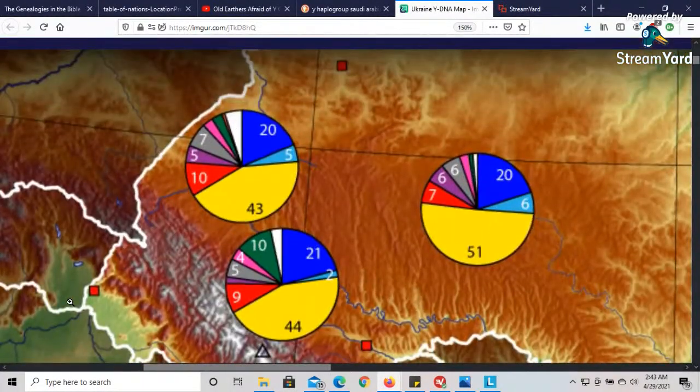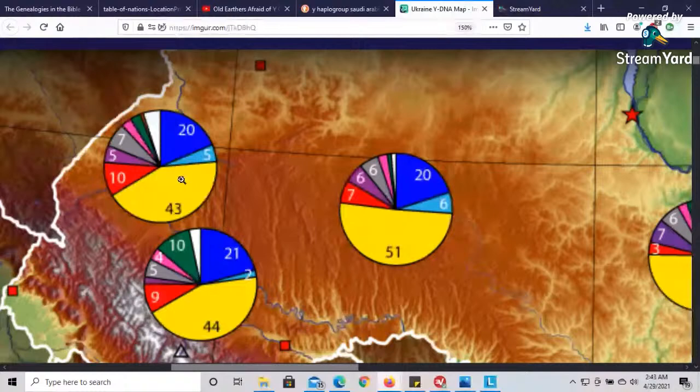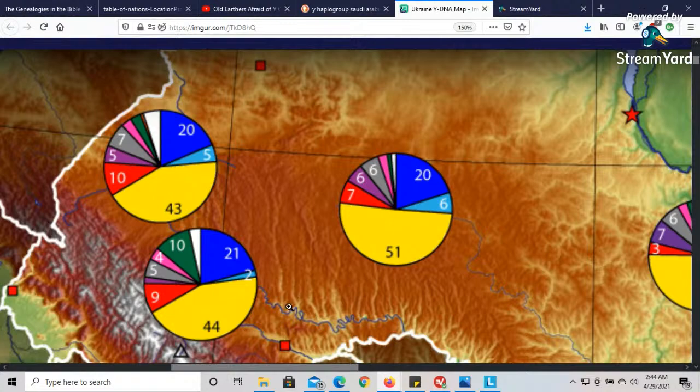Where's the brown? Oh, the brown is a sliver here. We got a T. Okay, not so much T here, but we got a sliver there. Because this is actually Javan, this is Greece, which I suppose it could have come from down there, but it does accompany the Jewish people, and it seems to accompany them considerably.